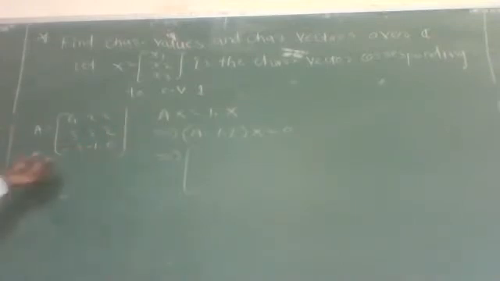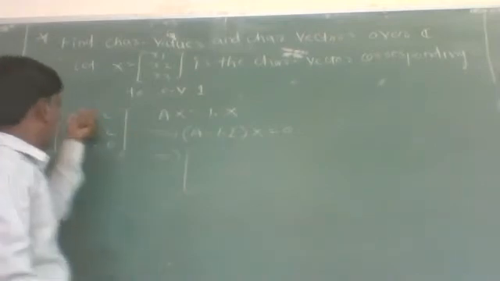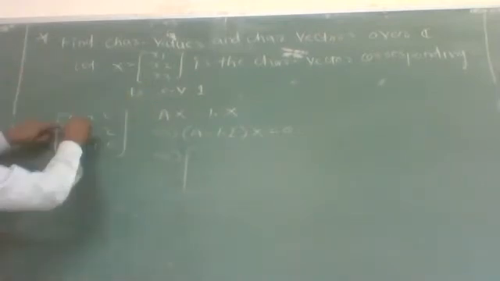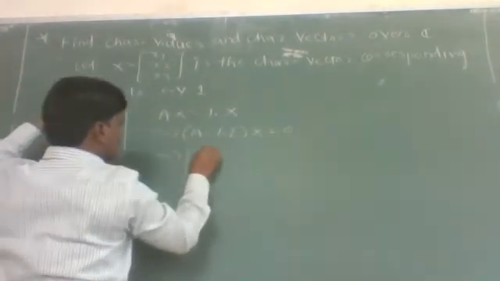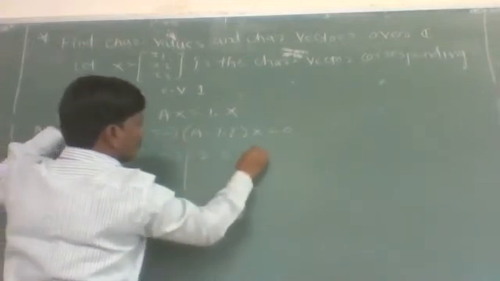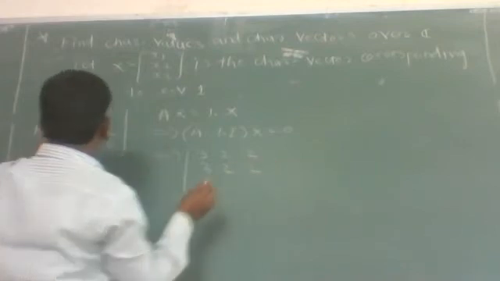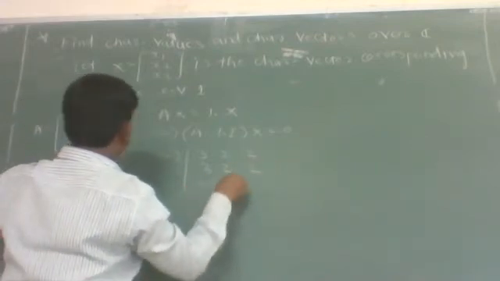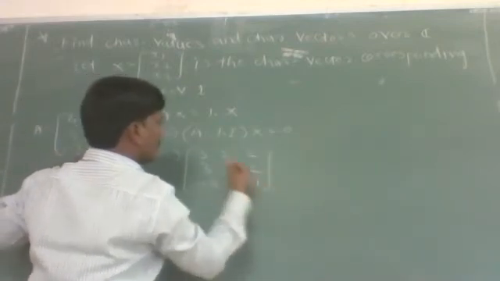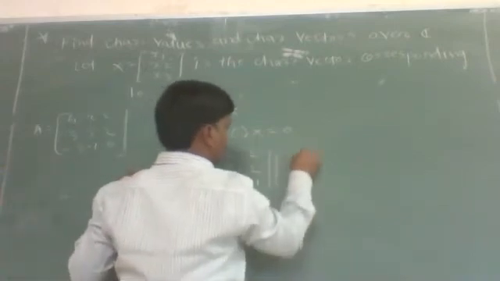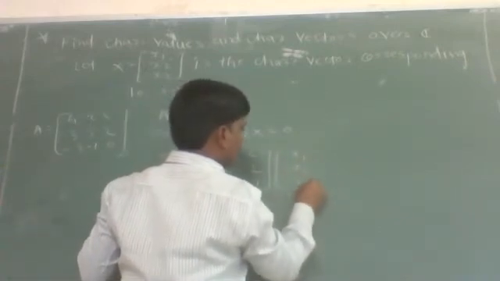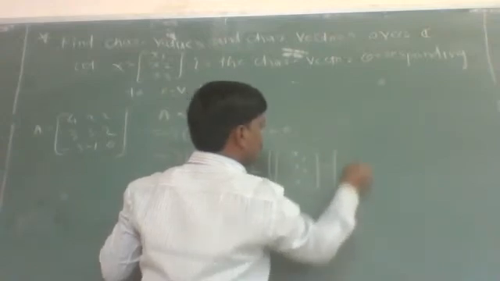So here we have to subtract 1 from the diagonal elements: 4 minus 1, 3, 2, 2, 3 minus 1, 2, 2, minus 3, minus 1 into x1, x2, x3 is equal to 0, 0, 0.